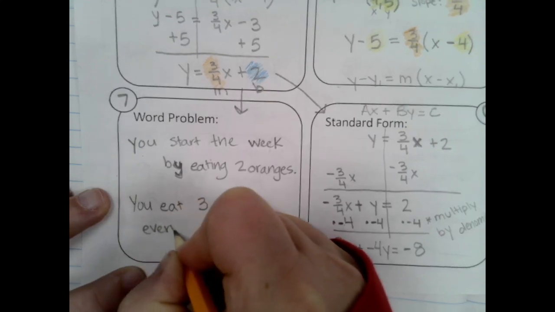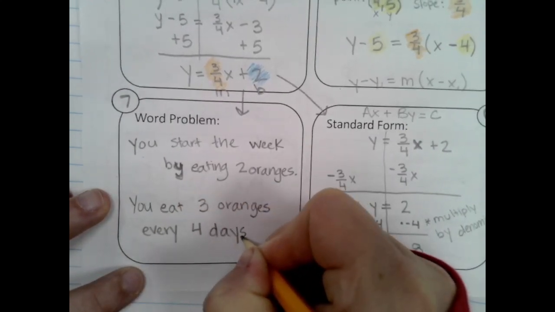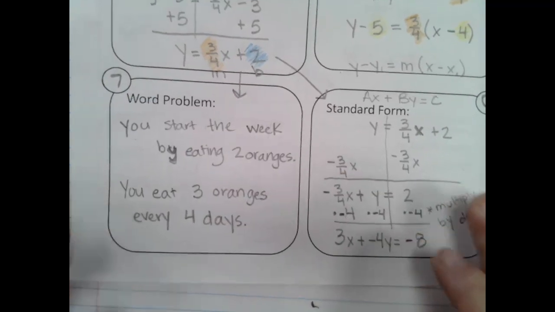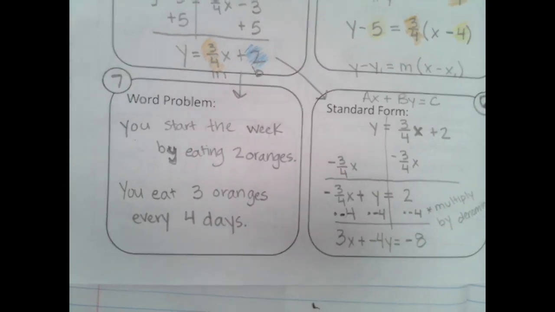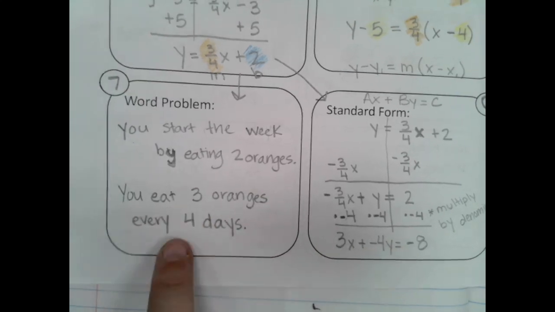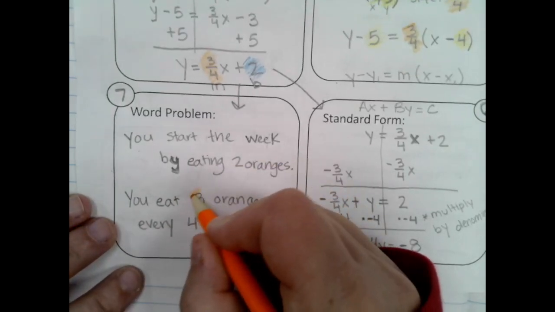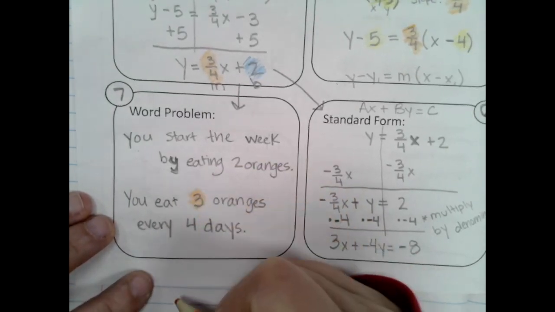That to me makes more sense because are you going to eat 3 oranges every 4 hours? Unless you're really getting that vitamin C intake, which is crazy. Makes more sense to me that you would eat 3 oranges over 4 days. So 3, 4, because it's 3 oranges every 4 days. That represents my slope. I'm doing 3 things every 4 amounts.